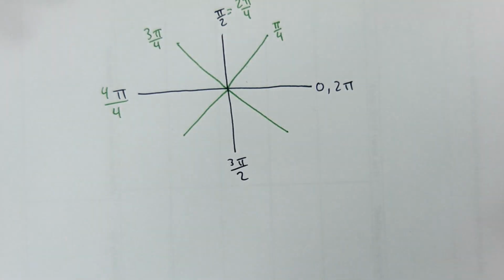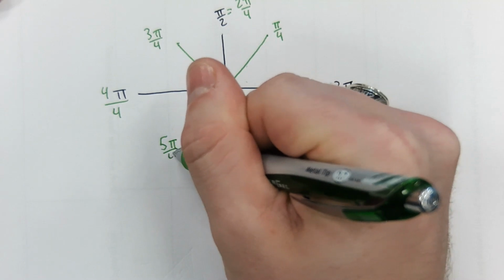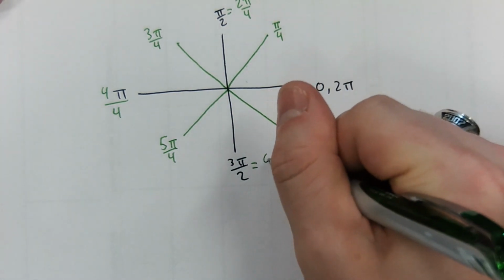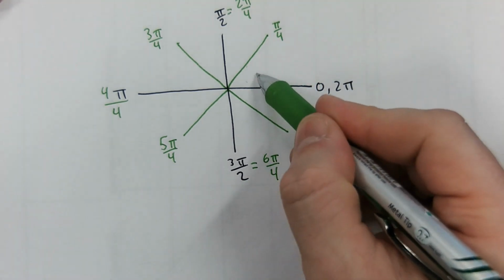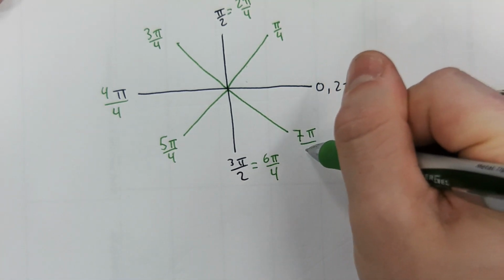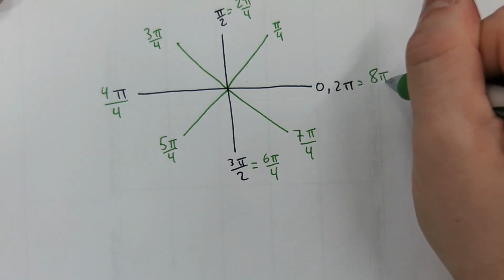That is 4 fourths. Here is 5 fourths of a pi. This is 6 fourths of a pi. This line would represent an angle that opened all the way to 7 pi over 4. And you guessed it, 2 pi is also 8 pi over 4.